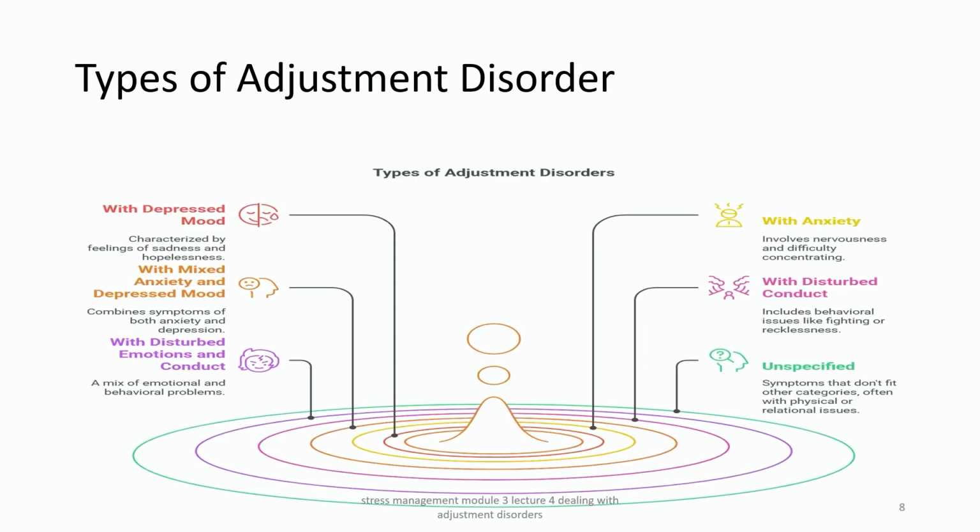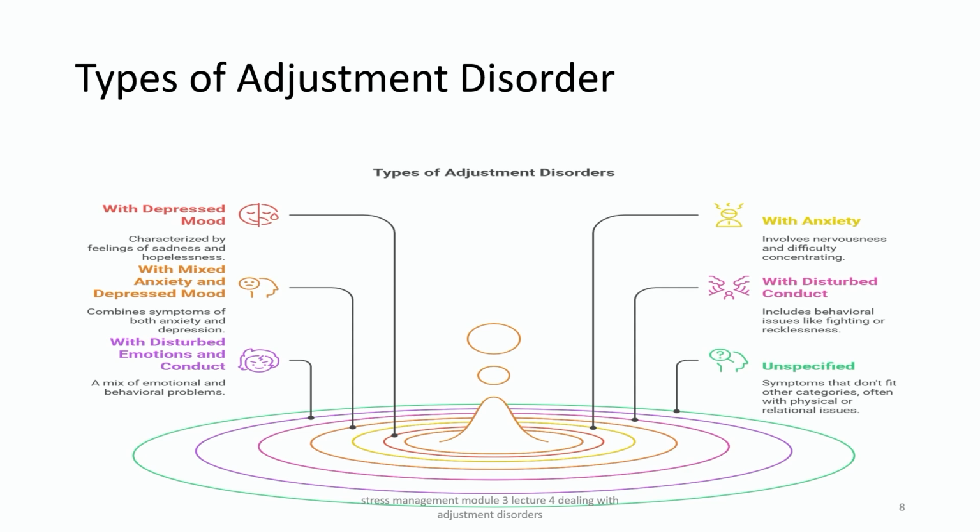Now, here goes a little description of each type of adjustment disorder. For example, if we talk about the adjustment disorder with depressed mood, it is characterized by overwhelming feelings of sadness and hopelessness, that nothing can be better in future also. I can't do anything to improve the situation. I have nothing in my hands.